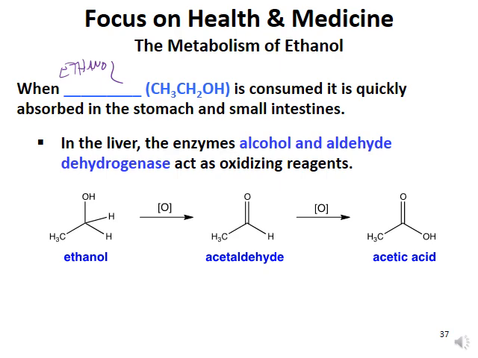When in the liver, 2 different enzymes, alcohol dehydrogenase and aldehyde dehydrogenase, act as oxidizing reagents and react the ethanol. The ethanol reacts to make acetaldehyde, an aldehyde, and then reacts again to make acetic acid. Okay, this is what happens in the liver.